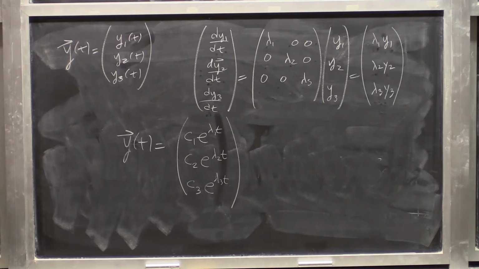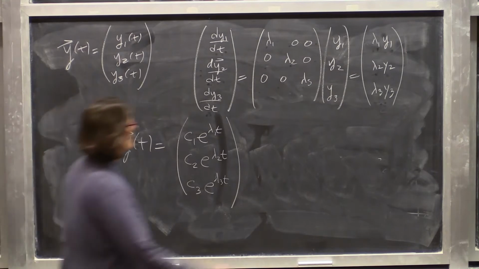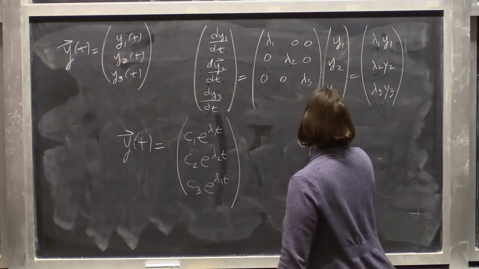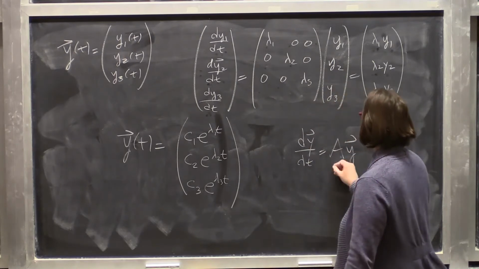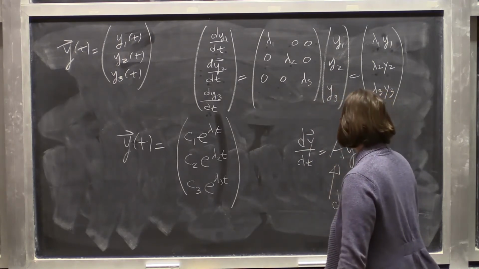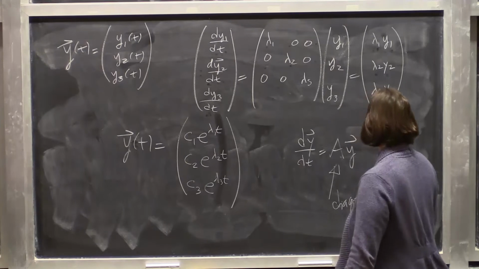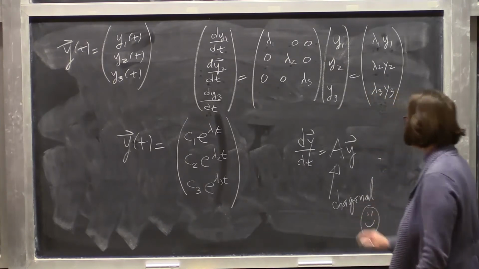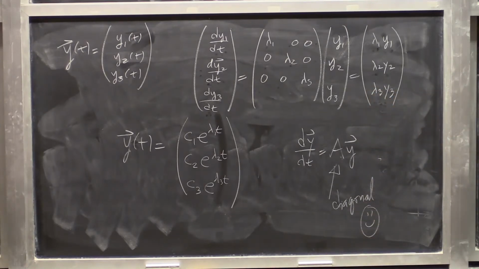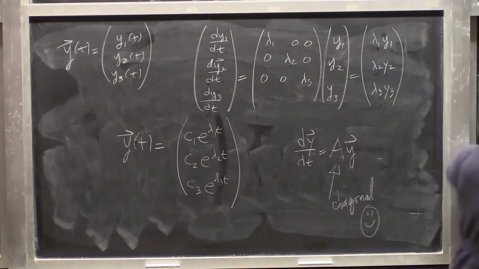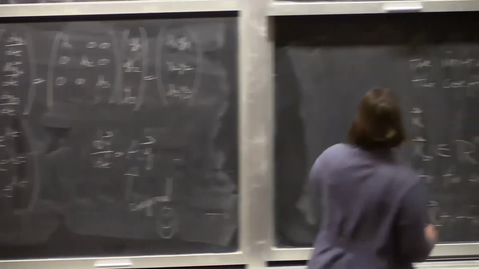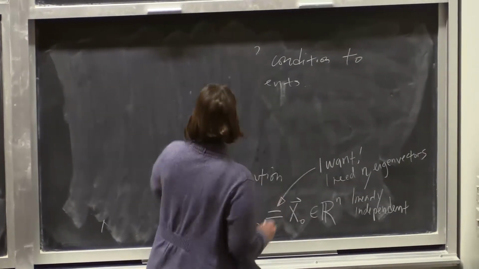Step 2 is the fact that if you're given a problem dy/dt equals A y, where A is diagonal, then it's something you can do. So this makes you wonder whether you can somehow leverage this.